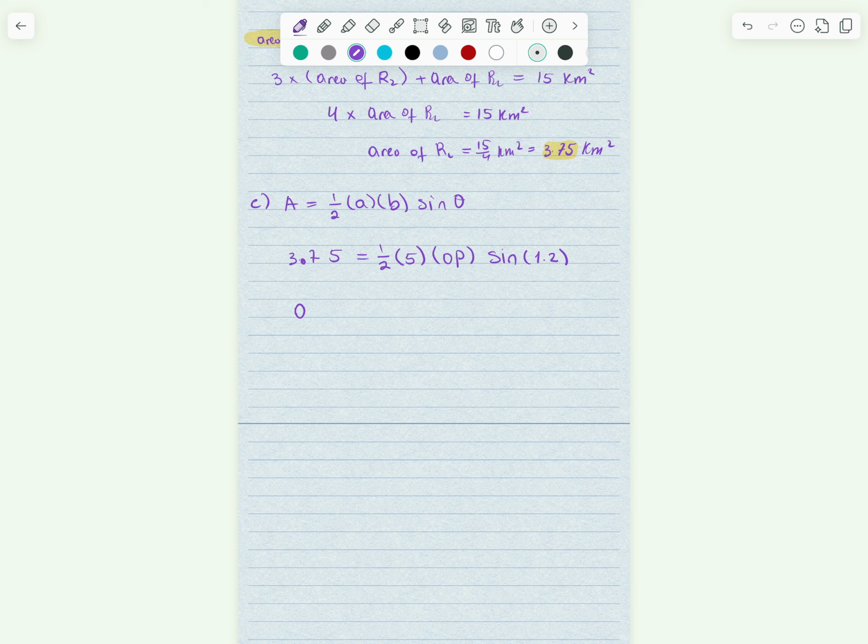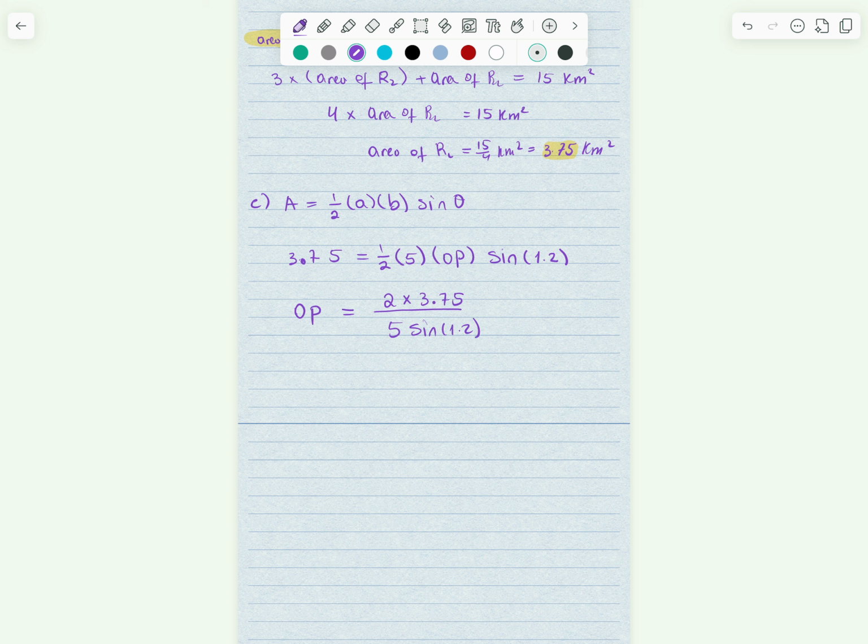So OP is 2 multiplied by 3.75 divided by 5 sine 1.2. Remember, 1.2 is in radians.